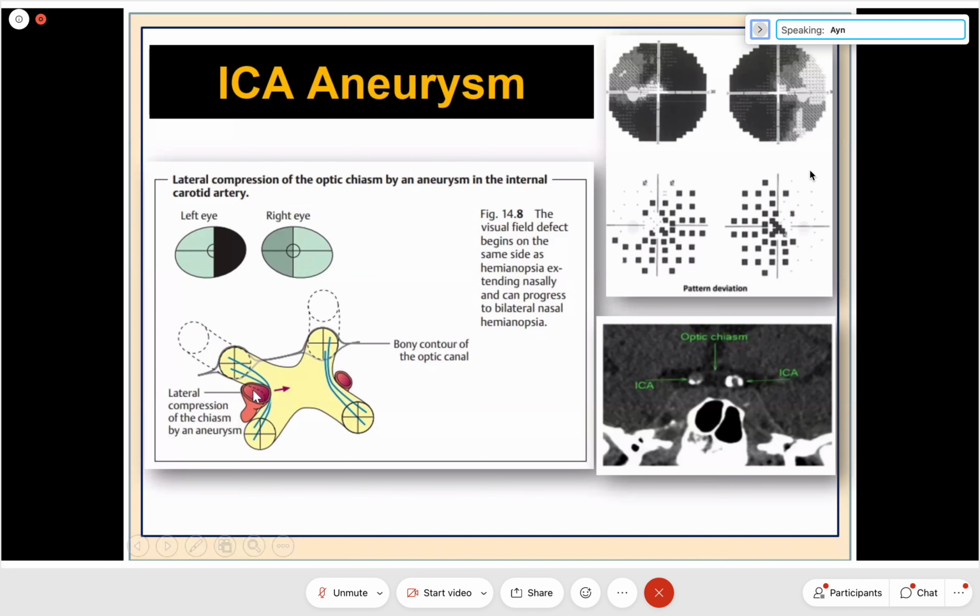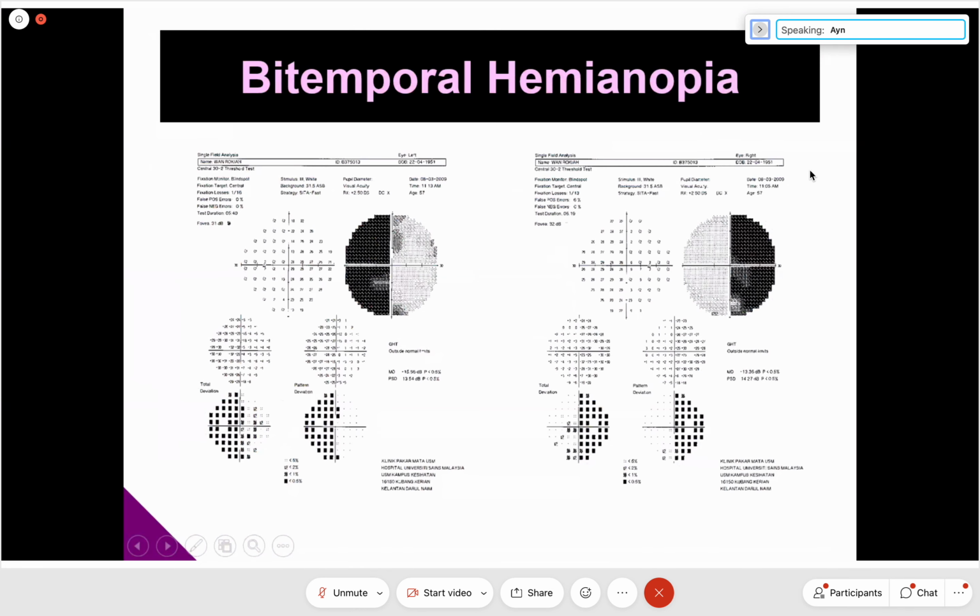The ICA is located at the medial part of the cavernous sinus, lateral to the optic chiasm. So when there is, for example, a huge aneurysm here, it might compress the chiasm, and also compress indirectly the ICA on the other side. So compression of both of these temporal fibers may lead to binasal visual field defect.